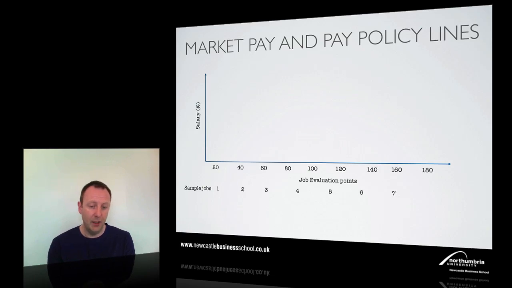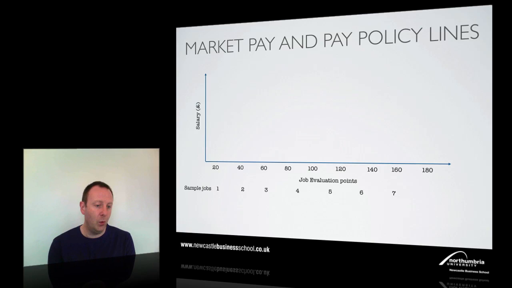So if we intend to have a job and pay structure which includes all of the jobs in the organisation, then we take a few jobs from the bottom, a few from the middle, a few from the top. If we are going to have multiple structures, then we need to do the same for each structure and apply them to the relevant labour market.